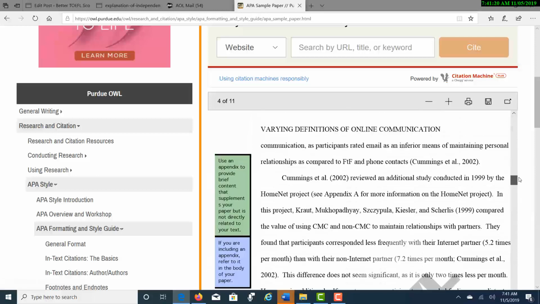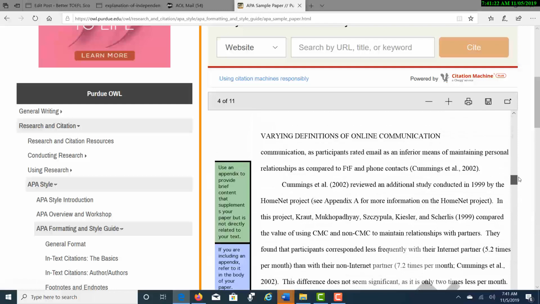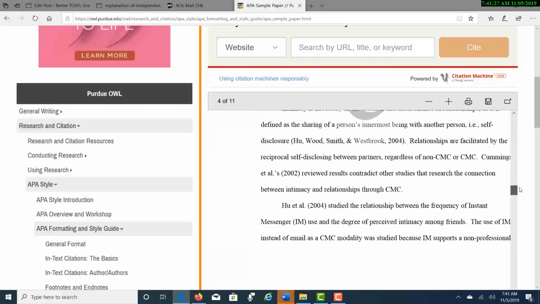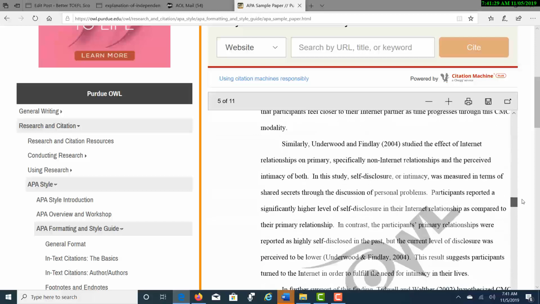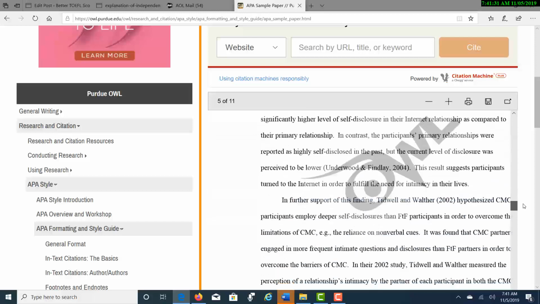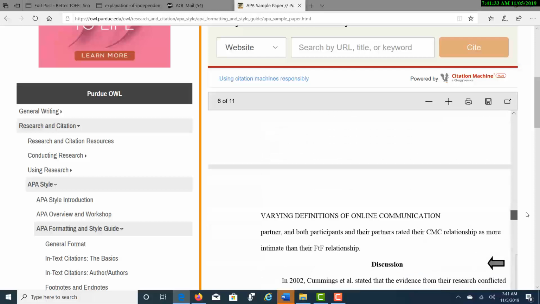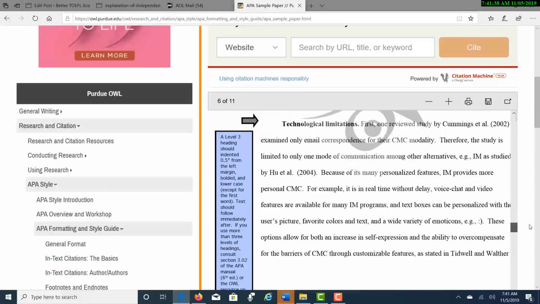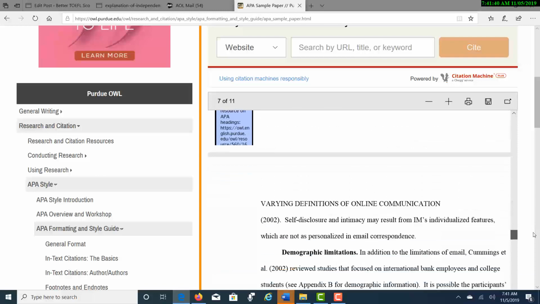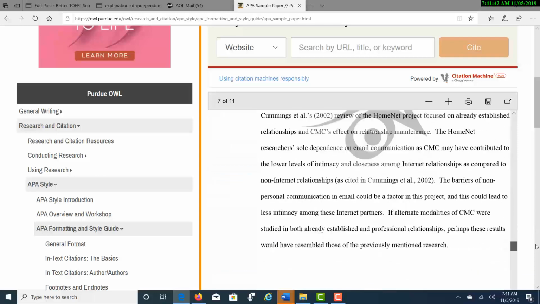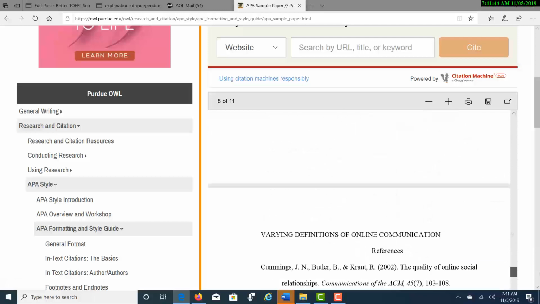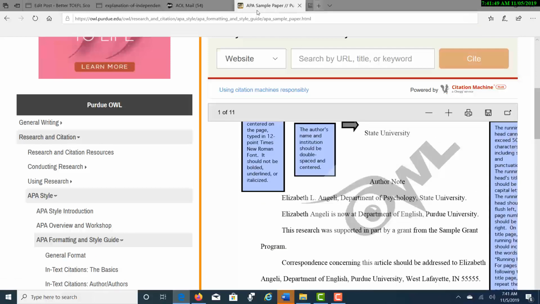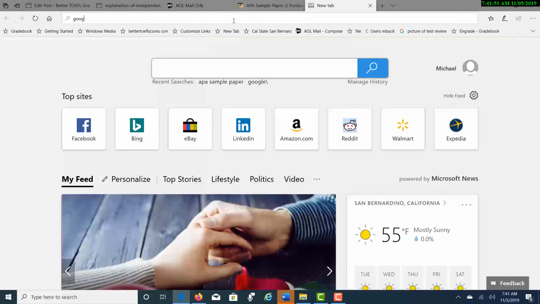Trying to find an example here for you. Okay, let's go to Google. Let's see if we can get to the bottom of this.